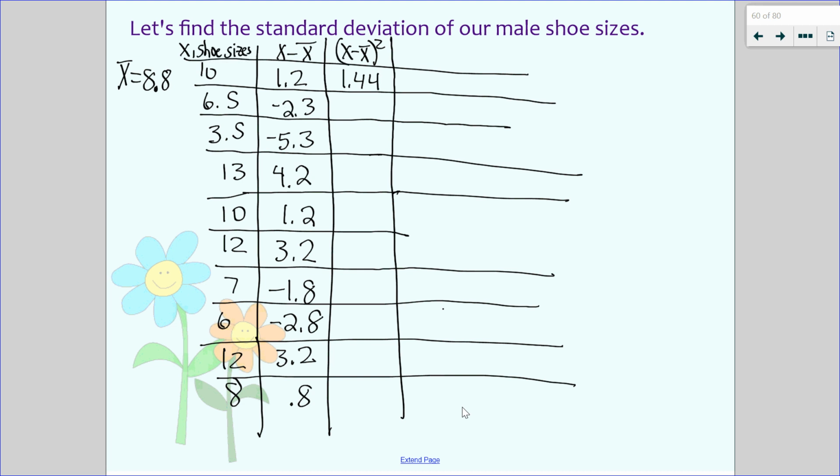So when you put in that you're squaring it, you don't even have to account for the fact that it's negative, because when you square it, it's going to end up being positive. Anyone get the 1.8 yet? .64.